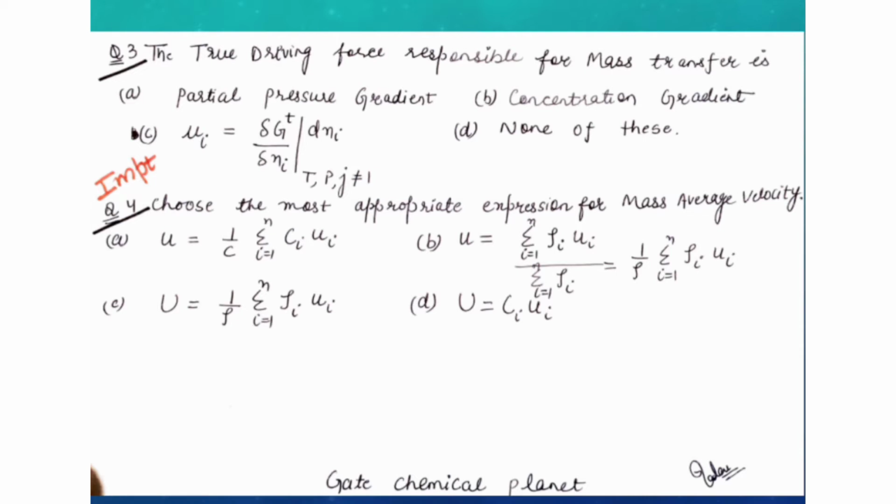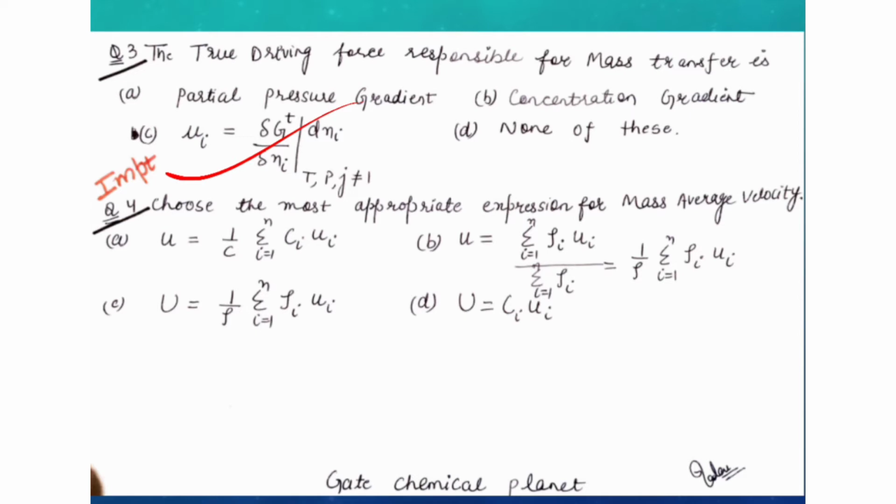So students, the partial pressure gradient is a driving force for mass transfer. The concentration gradient is also a driving force for mass transfer, but the ultimate or true driving force for mass transfer is the chemical potential or activity. So here mu i is the correct answer for this question, because mu i is the chemical potential, and chemical potential is the summation of all types of driving forces.